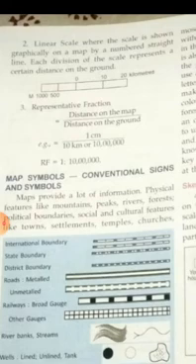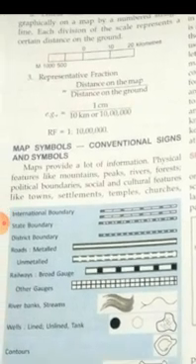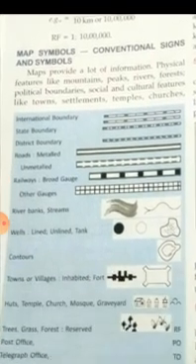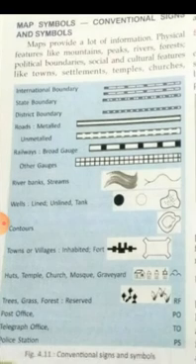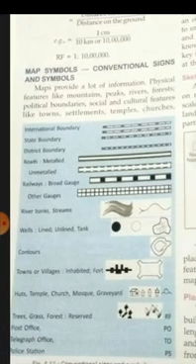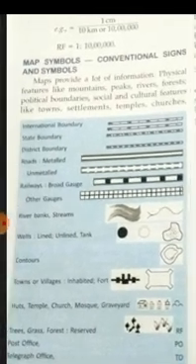Now, map symbols, conventional symbols and signs. Here you can see various signs and symbols: international boundary, state boundary, district boundary, wells, telegraph office, police stations, etc. So on a map, you can show all these things by making different signs.